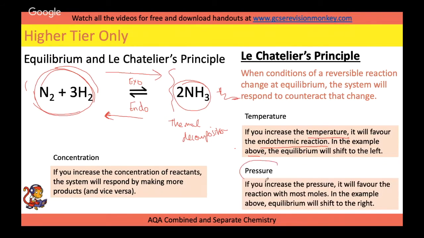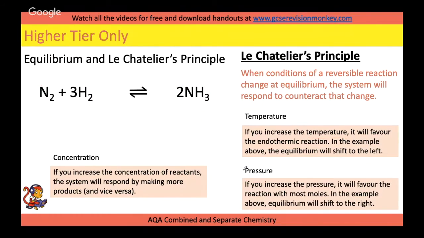For pressure, if I clear the screen, that's all to do with the number of moles in the equation. If we remember, this equation says that 1 mole of nitrogen is reacting with 3 moles of hydrogen to produce 2 moles of ammonia. So we could represent it like that. If you increase the pressure, it will favour the reaction with the most moles. So if you think about collision theory, that makes sense because if you're squashing these closer together, you're going to get more collisions between these molecules.